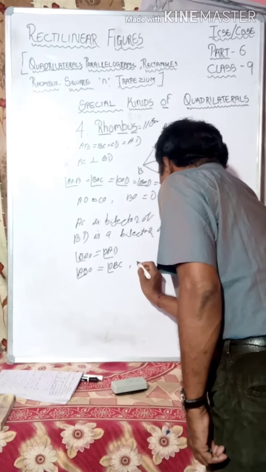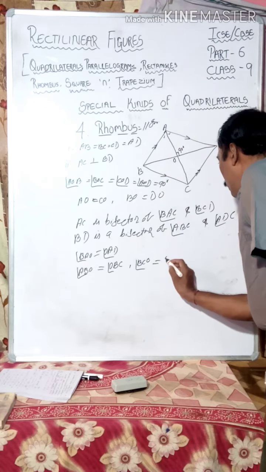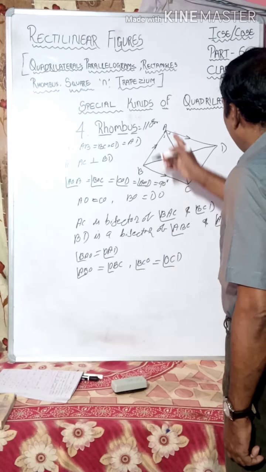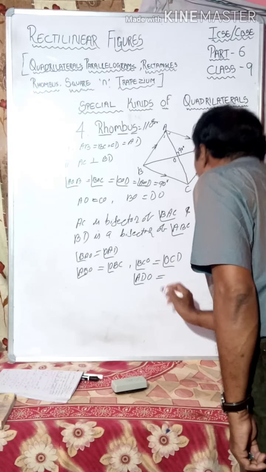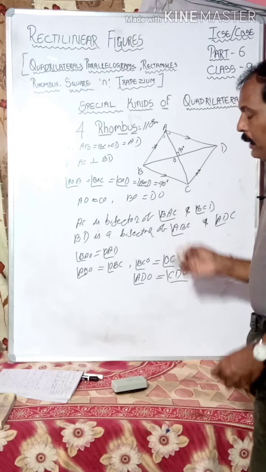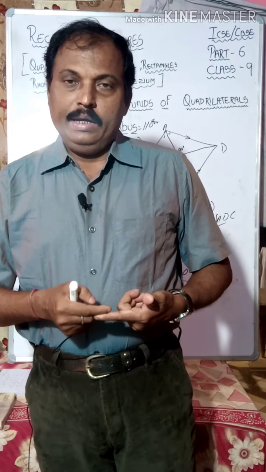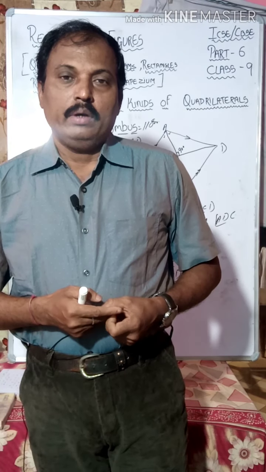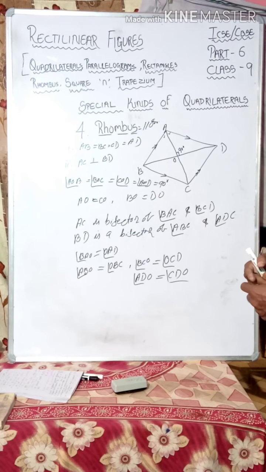Angle BCO is equal to angle OCD. Then angle ADO is equal to angle CDO. This means each diagonal in a rhombus is a bisector of the concerned angle. These are the terms relating to a rhombus.